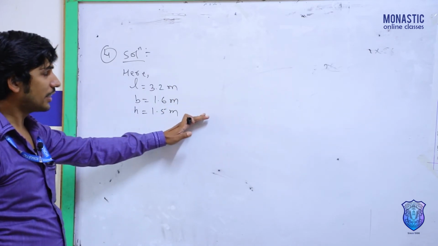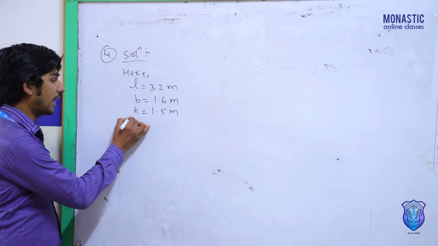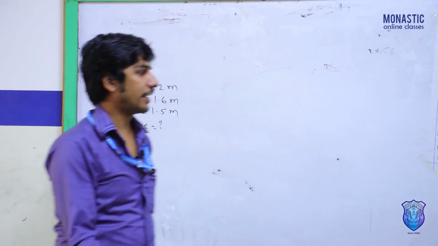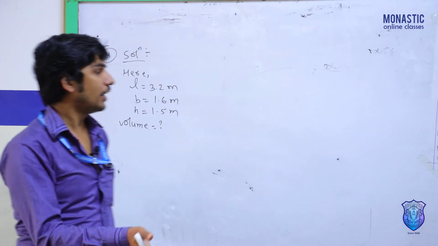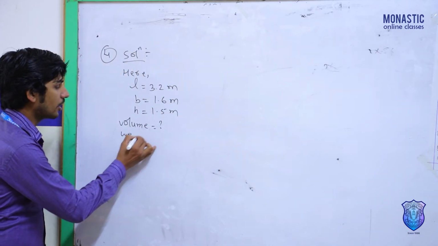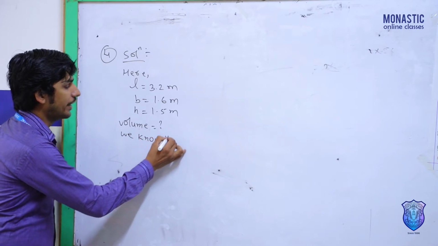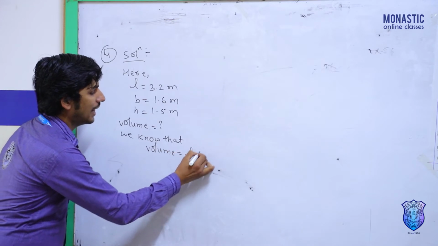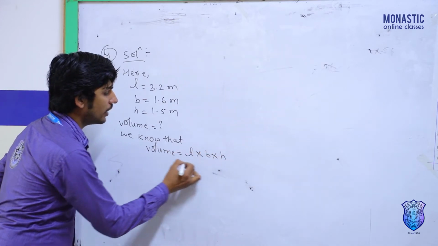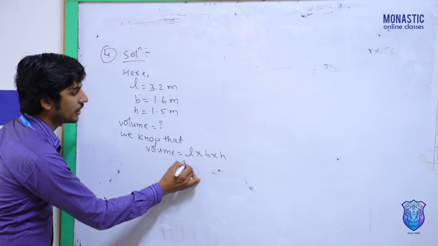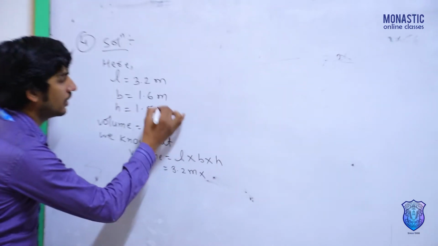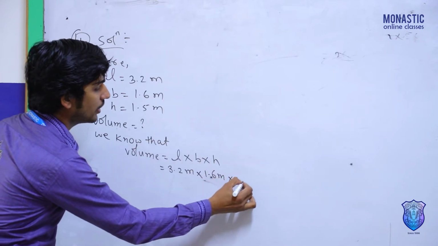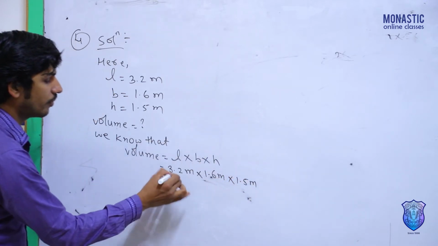The question comes, how to find the volume? For that, we know that volume is equal to length into breadth into height. The length is 3.2 meter, breadth 1.6 meter, height 1.5 meter.